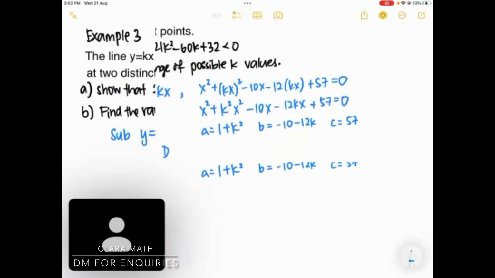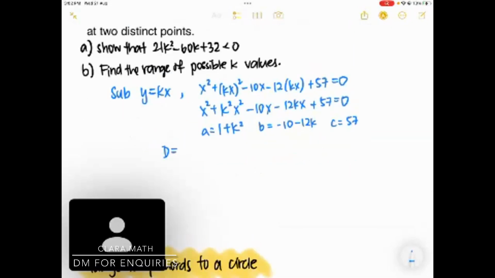So the discriminant is b squared minus 4ac. So b is this, minus 4a, and the c. Okay, for the b squared, they are both negative, so you can change both to positive, because if you square whatever's inside, the negatives will turn positive anyway.